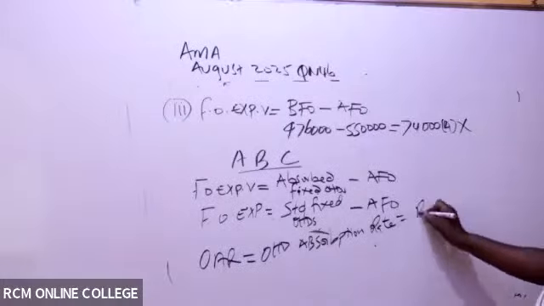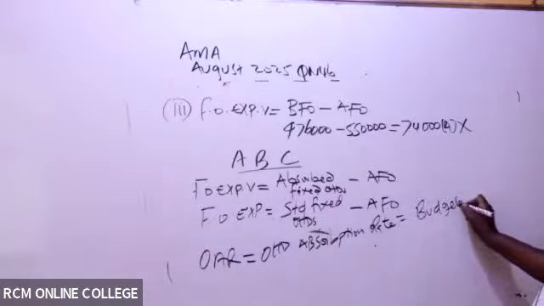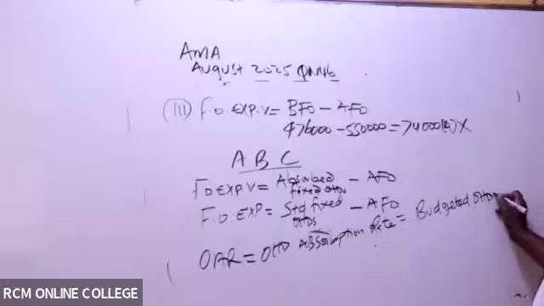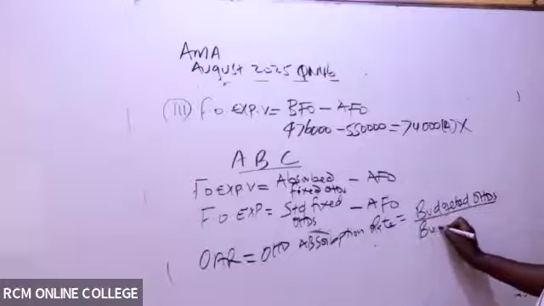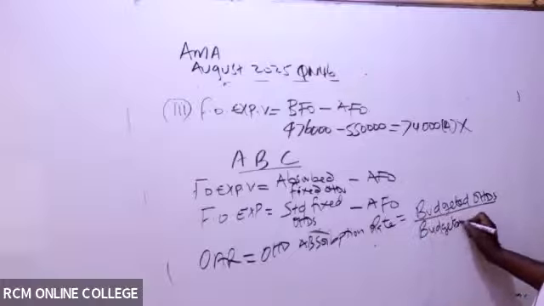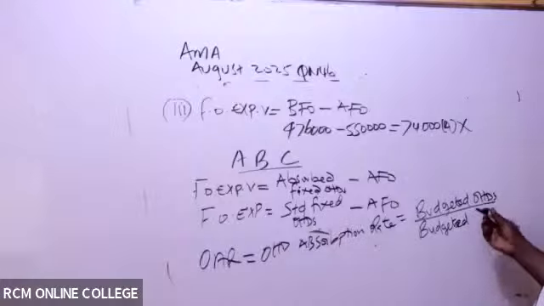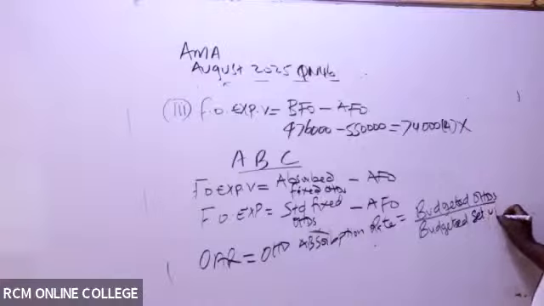It's budgeted overheads over budgeted units. So in this case, it will be budgeted overheads over budgeted number of setups.